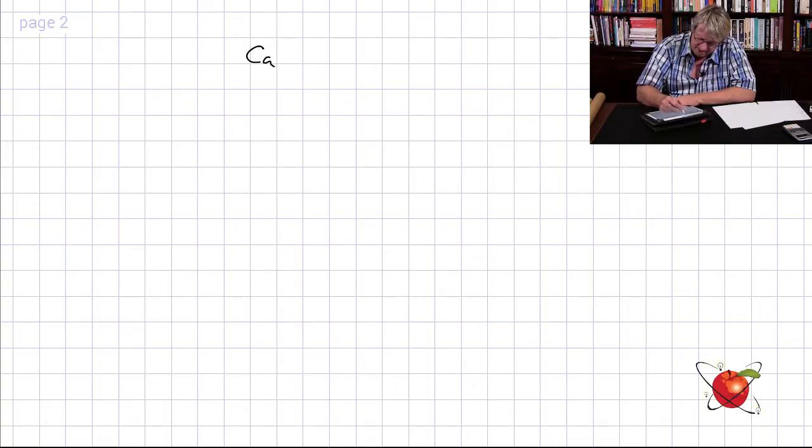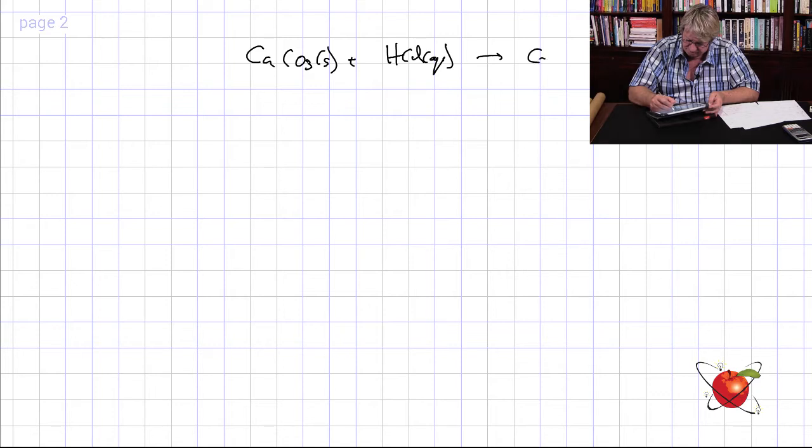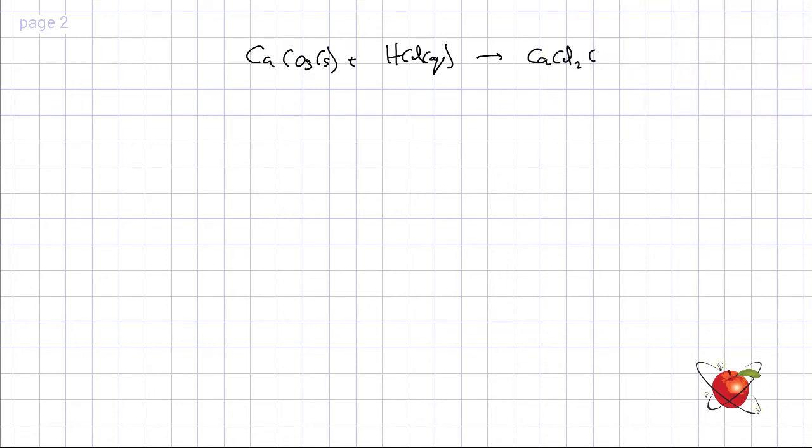So we say here, CaCO3 solid plus HCl aqueous is going to go to CaCl2 aqueous plus CO2 gas plus H2O.